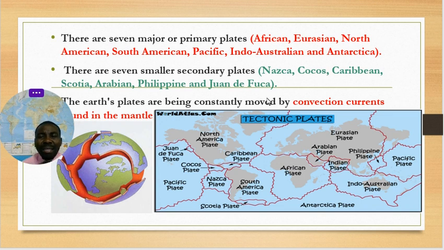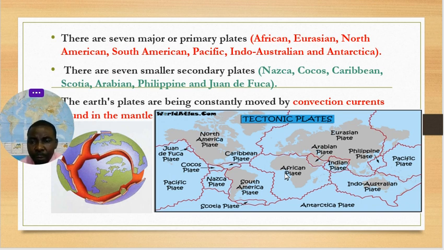So these are the seven smaller secondary plates, and you can see them on this map here. You can see the smaller ones and the bigger ones, or the major ones and the minor ones.